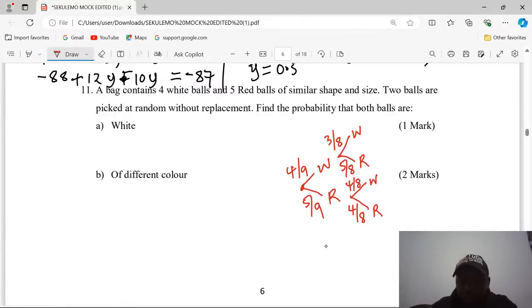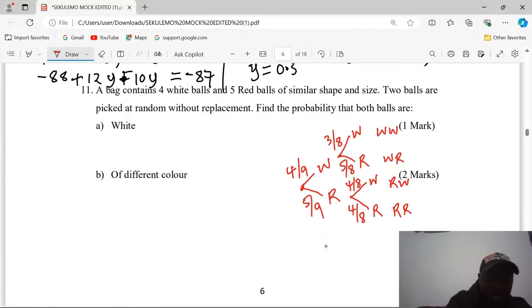Now we have all the probabilities displayed, and we can also write the outcomes here. White, white, we have a white, red, we have a red, then white, we have a red and red. Find the probability that both balls are white. So we need probability white, white. This is going to be 4 out of 9 multiplied by 3 out of 8.